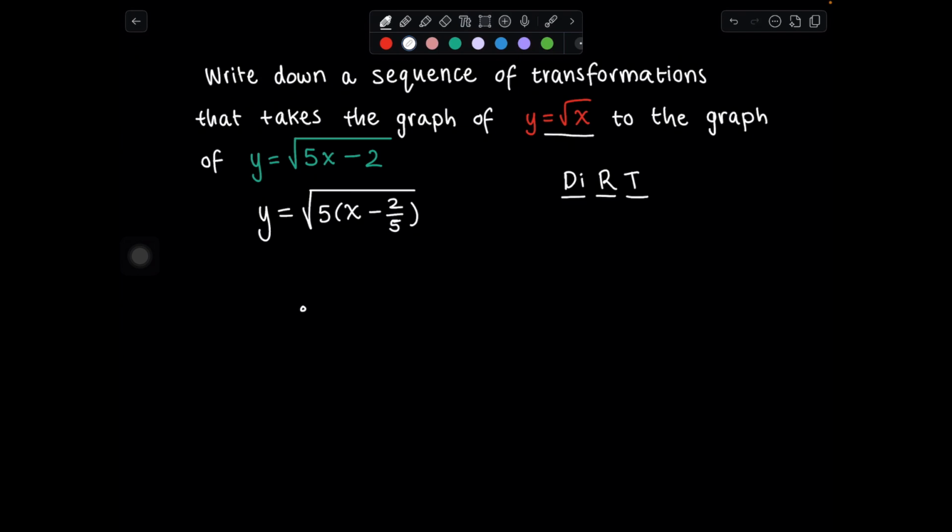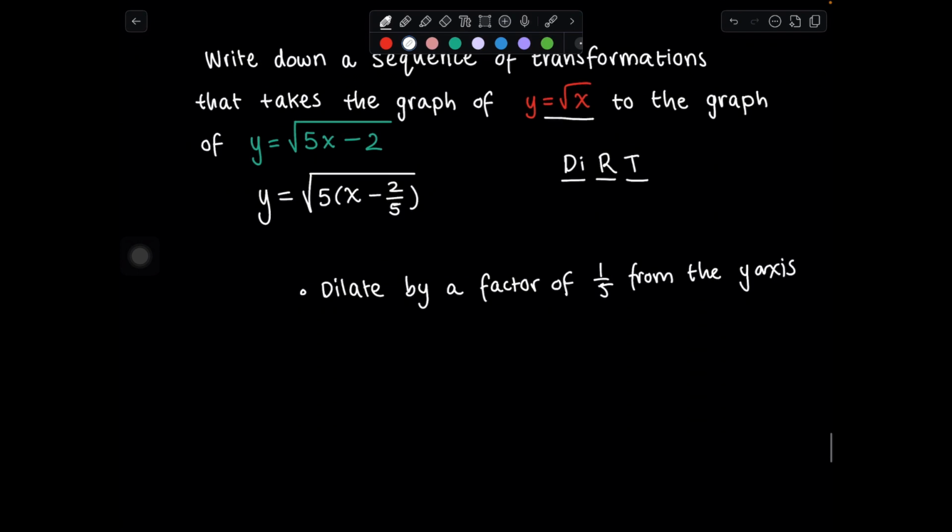So replacing x with 5x means that you dilate by a factor of 1/5 from the y-axis. So when you apply that, you apply it as writing 5x wherever you see x.